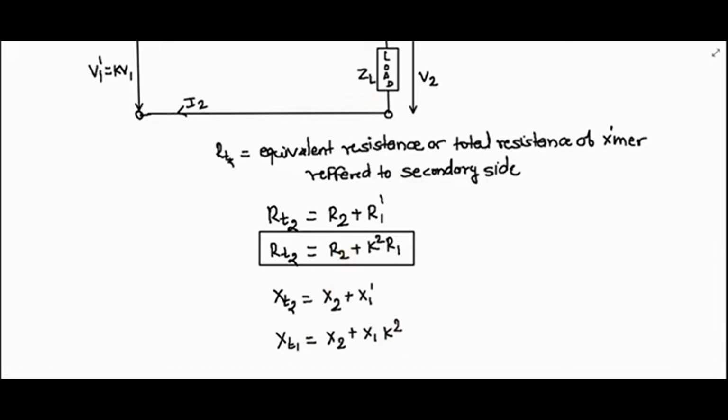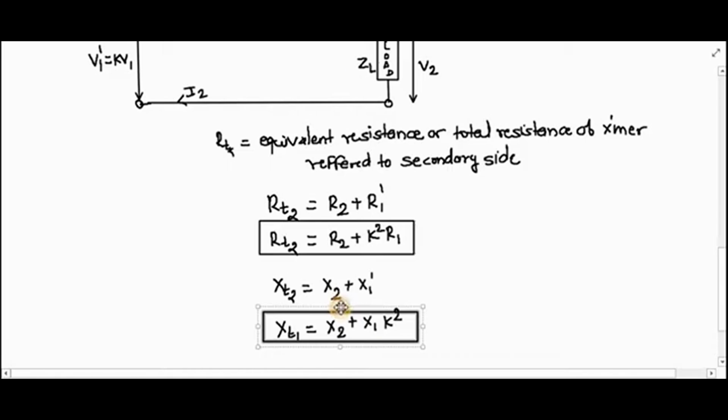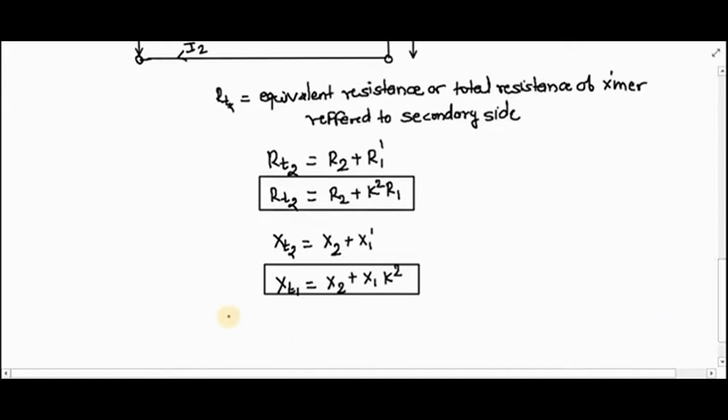So your XT2 is equal to X2 plus K square into X1, where K square R1 and K square X1 are equivalent resistance and reactance of the primary winding referred to the secondary side respectively.